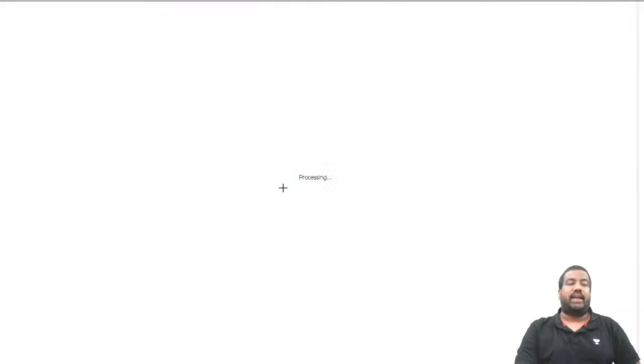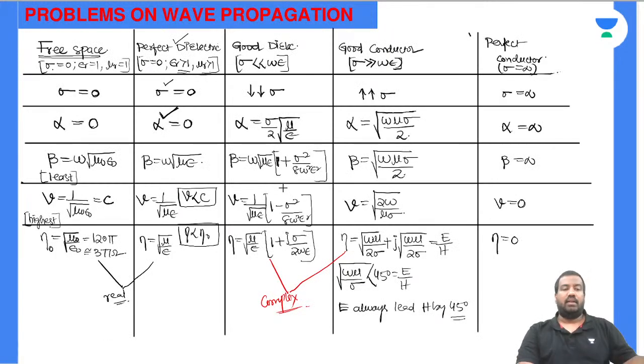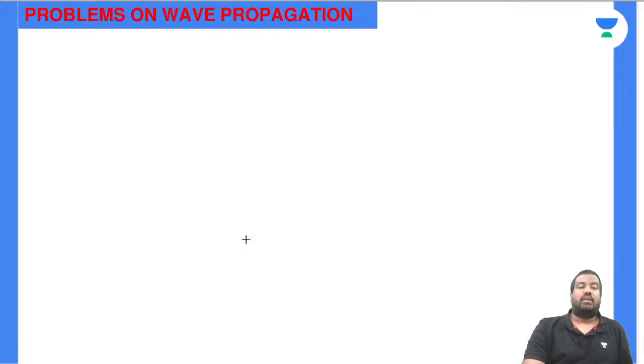Velocity is highest in free space, decreases, and becomes 0 in a perfect conductor. If you know this logic, you need not do this analysis, you can directly write the answer. Next.